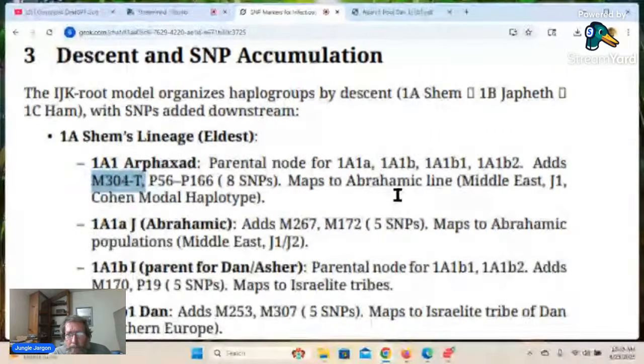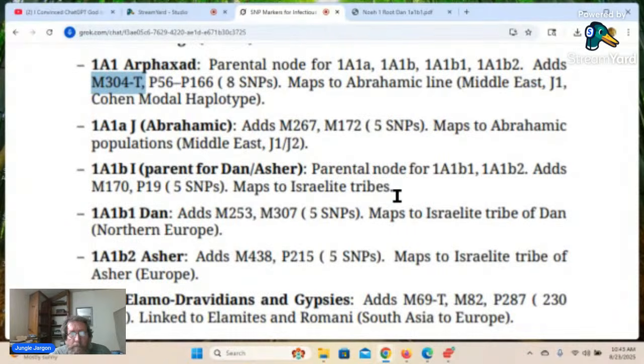Its subbranches, 1A1A J and 1A1B I, inherit these but add more SNPs, like M267 for J1, M253 for I1. 1C Ham, E-like, introduces M35T, M89C, flipping M89C to M89T, but M523T remains unless further mutated.